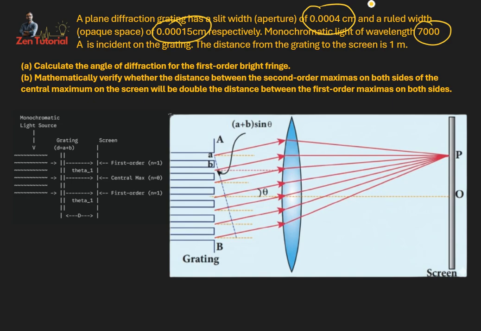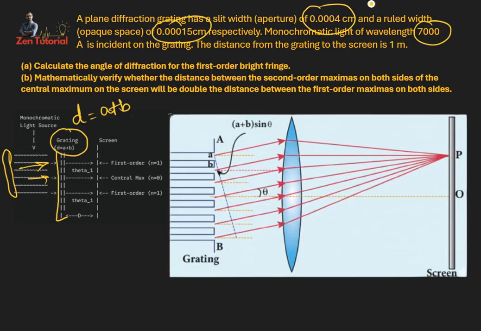So this is the source of monochromatic light, and this is the light incident on a grating element, or grating constant, and grating constant is nothing but a plus b. So these are the grating elements here, and light is incident on the grating.